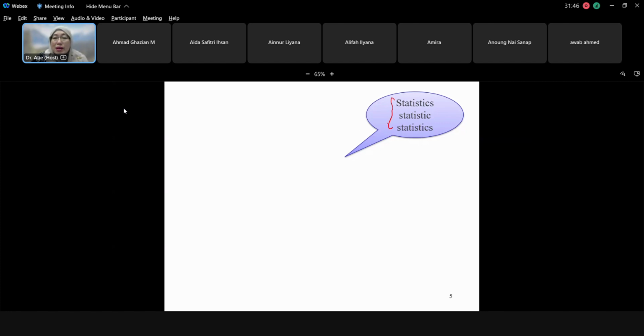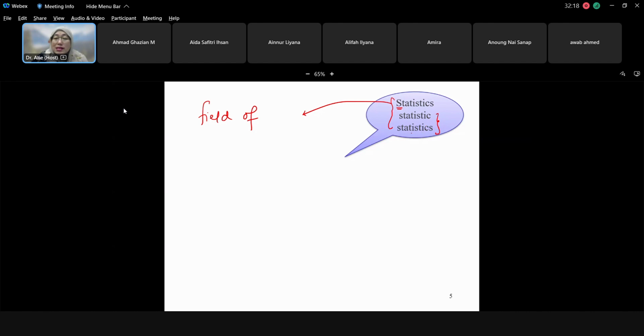The first one, Statistics with a capital letter in front of it, and then we have statistic and also statistics. The first one is actually the field, bidang, the field of Statistics. It's a part of mathematics, one of the mathematics fields.